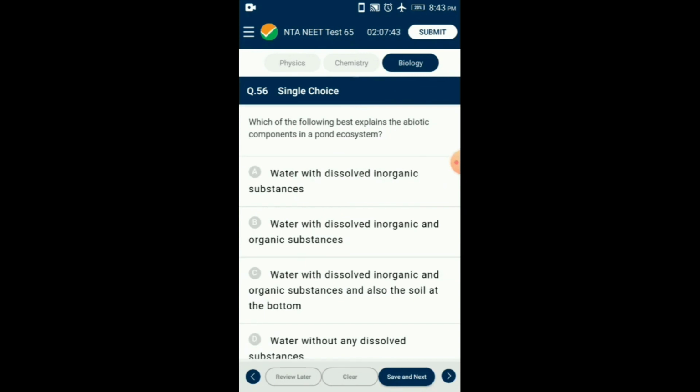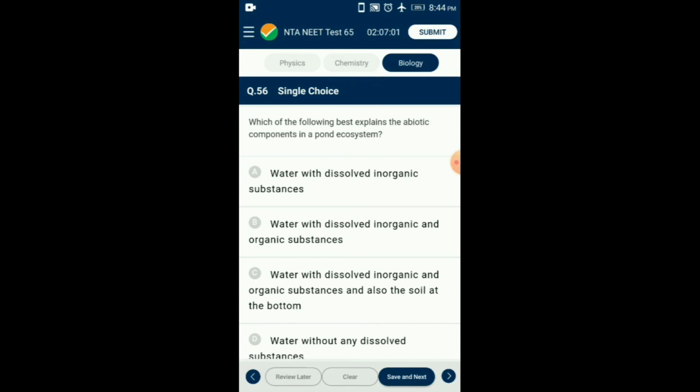Question number 56. Which of the following best explains the abiotic components in a pond ecosystem? A pond is a shallow water body which has all the four basic components of an ecosystem: autotrophs, such as phytoplankton, some algae, and the floating, submerged and marginal plants found at the edges; consumers, such as zooplanktons and the free swimming and bottom dwelling forms; and decomposers, such as fungi, bacteria and flagellates, usually abundant at the bottom. A pond is a self-sustainable unit.